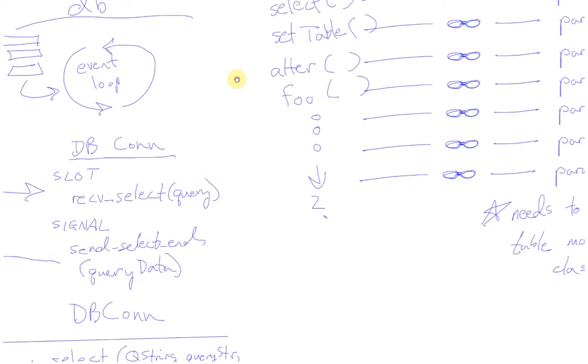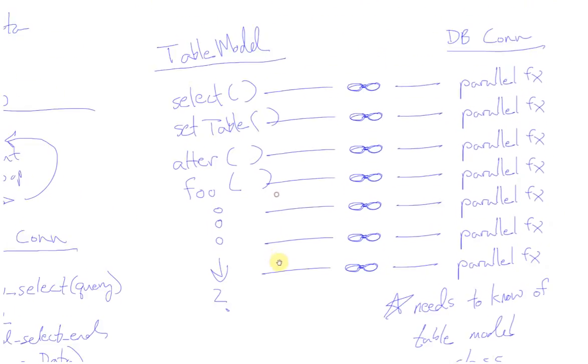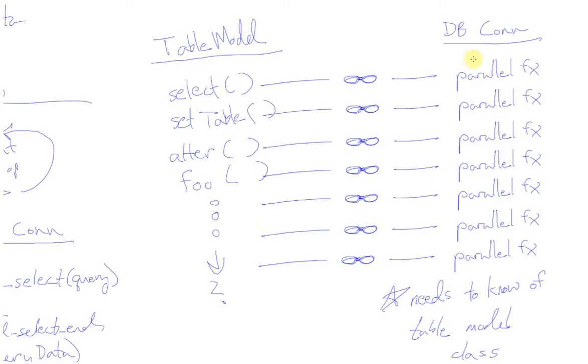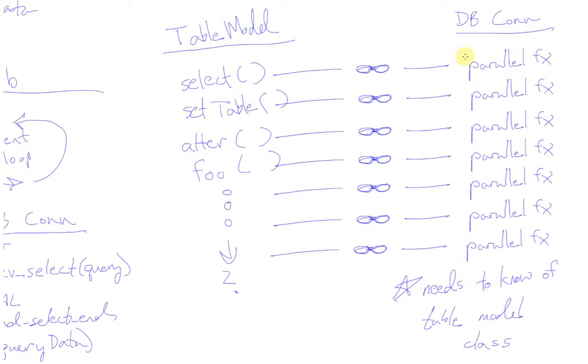So, see here, table model, like a part of its receive select, and every other function that is the parallel with table model needs to know about table model class. So that decreases the modularity of the DB connection or DB interfacing with connection object. So for these two issues, here is what I did.